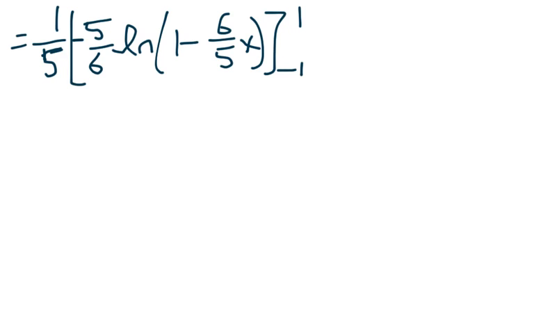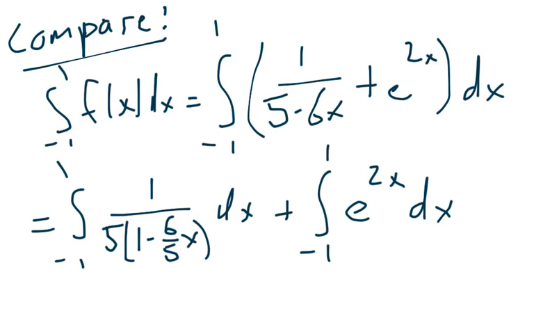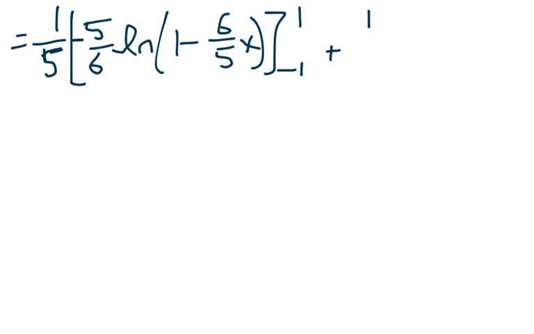Actually, we end up getting a minus sign here, so I almost messed that up. But if you take the derivative of the inside, then you get the 6 over 5, which cancels out. And then we have plus e to the 2x, so this becomes a 1/2 e to the 2x from minus 1 to 1.